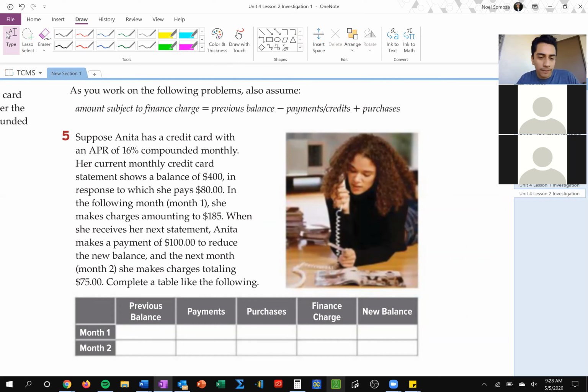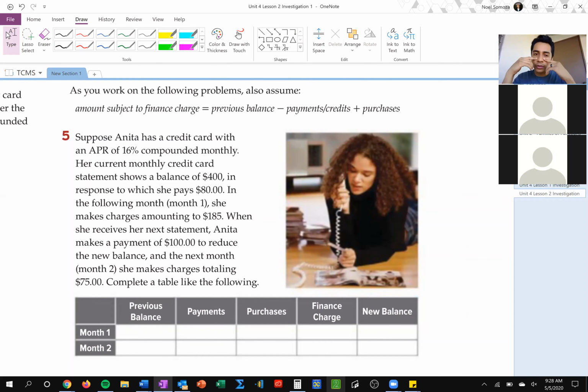One of the things to take into account moving forward is that an amount that you are subject to a finance charge just simply means that it's an amount that you're going to have to pay interest on. So how do you calculate that? Well, you take your previous balance, and let's say you owe something, but you make a payment to the credit card.